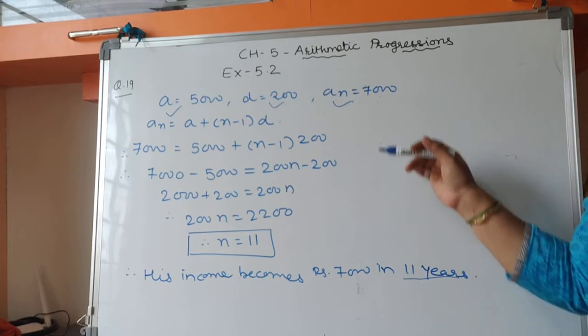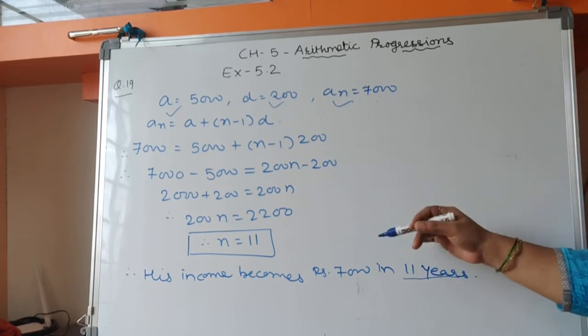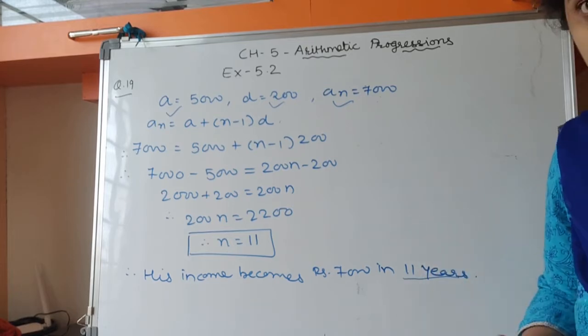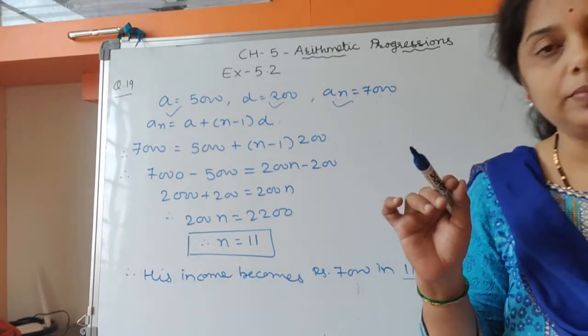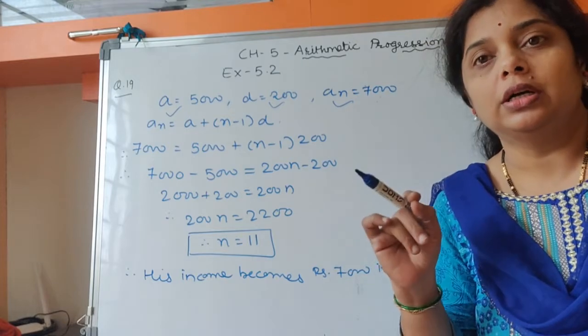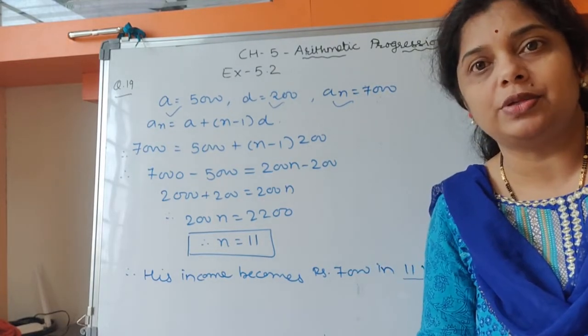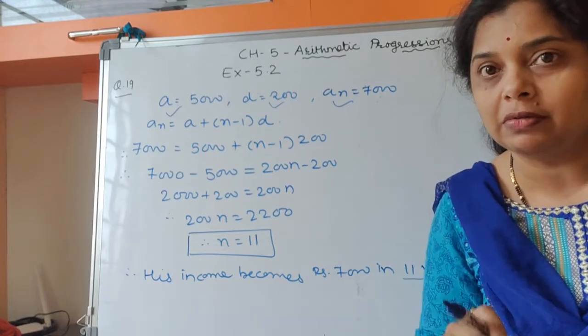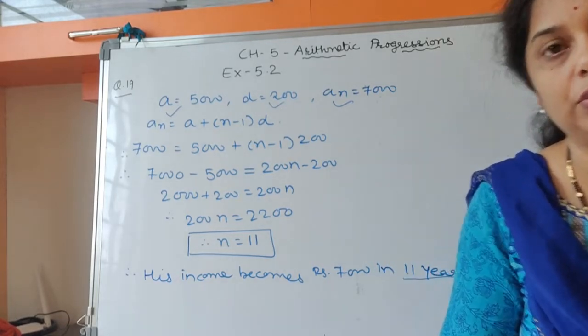Isn't it easy? To solve this type of example, it is very important to understand the given data first. So I advise you, in maths or in any subject, read the question at least twice to get what is given and what is to be found.